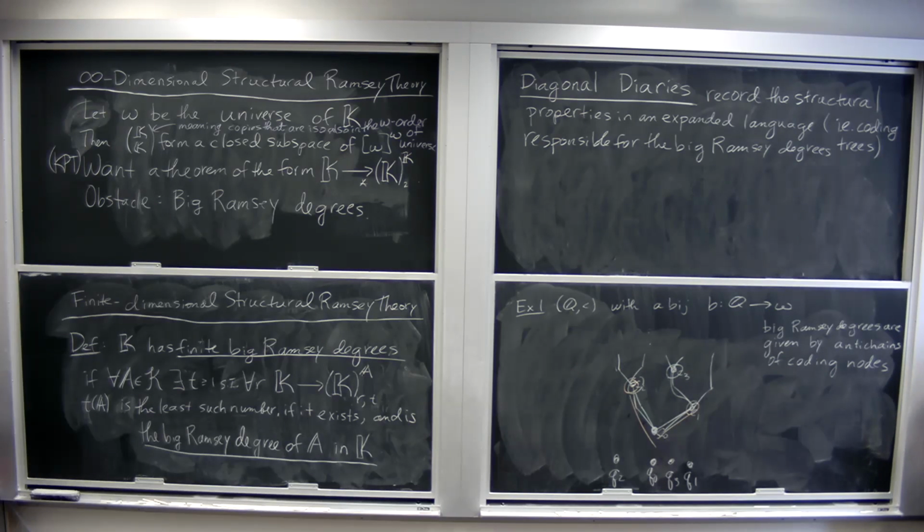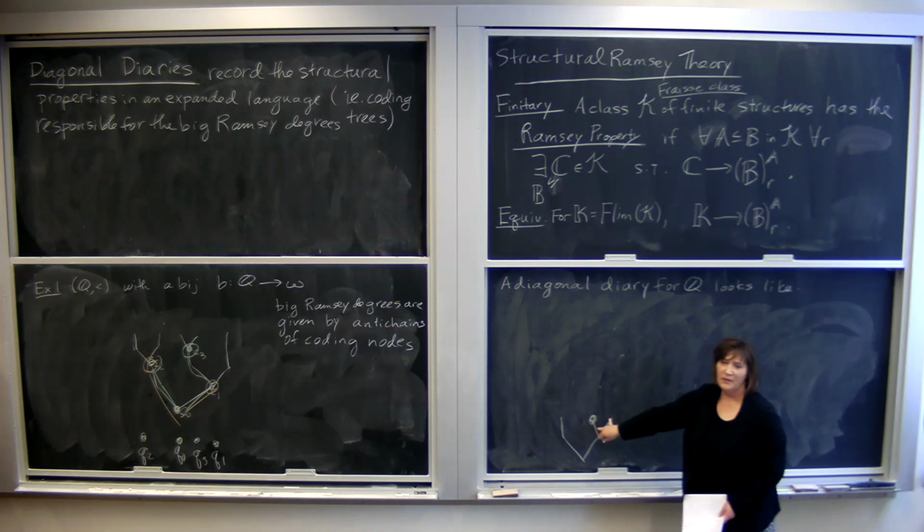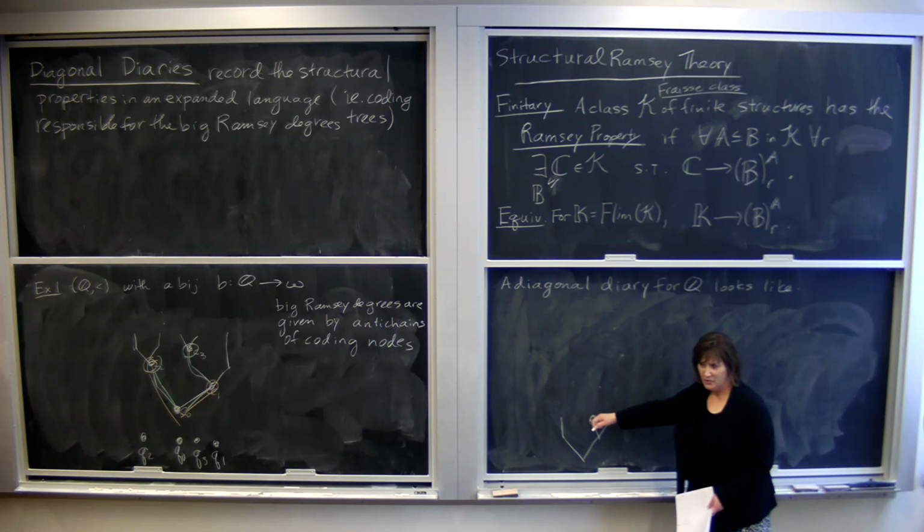Okay, so a diagonal diary, or diagonal anti-chain, where the rationals looks like this. We want to make the coding nodes, the nodes which are representing the actual subset of our rationals, to be terminal.